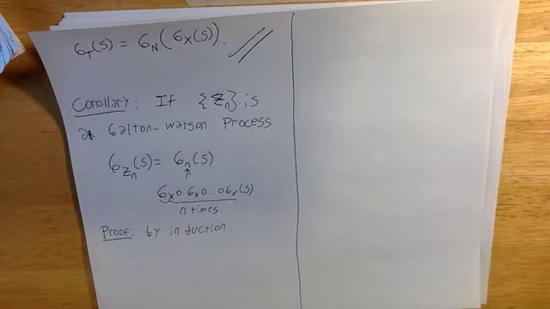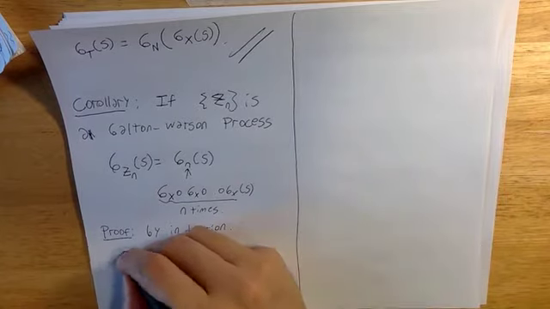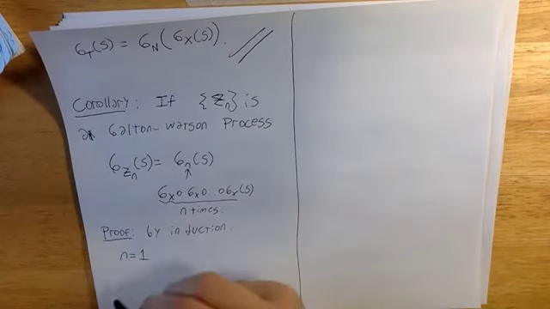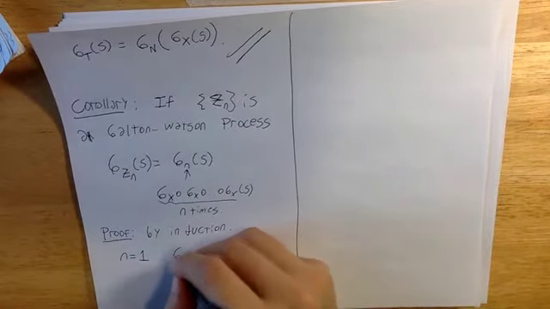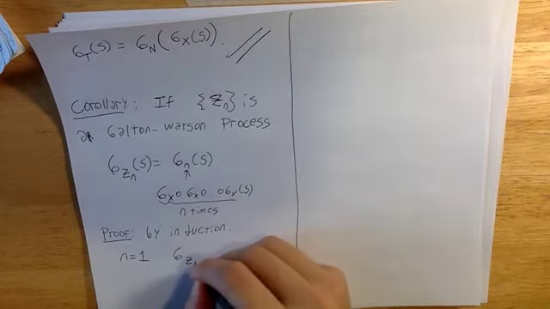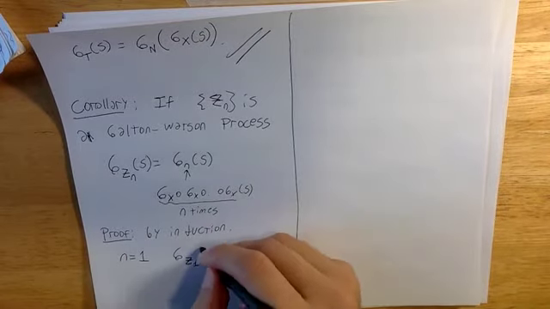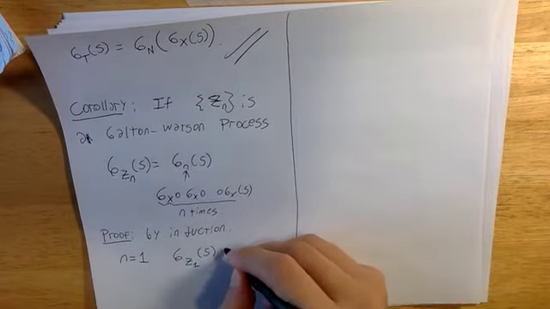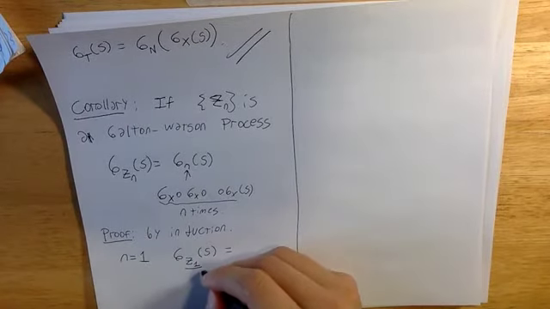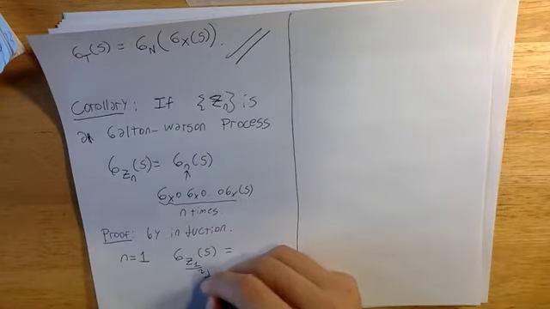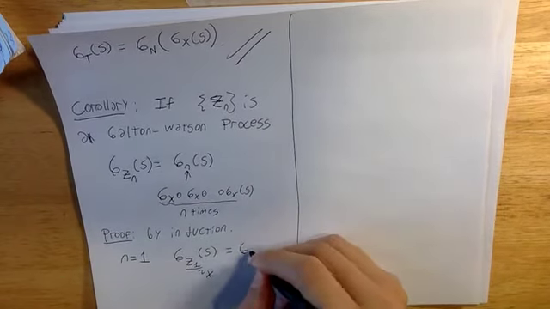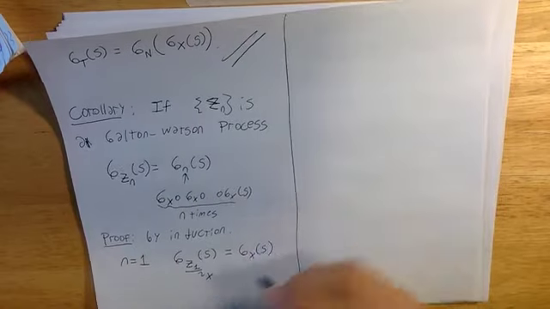So by induction, first for n equals 1, G of Z1 is the same as, so Z1 is just equal, the distribution of Z1 is the same as the distribution of X, so this is G_X at s.